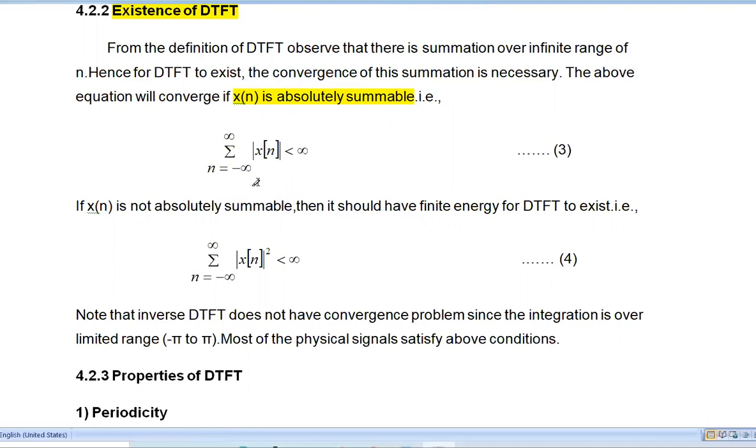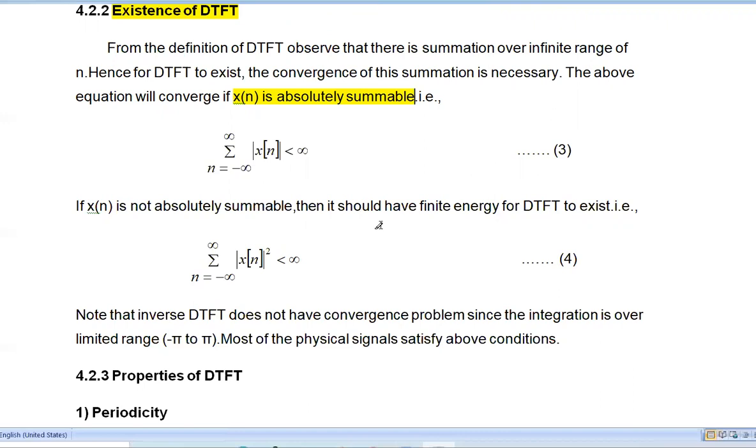That is, the summation of n equals minus infinity to infinity of modulus of x(n) the whole squared is less than infinity. These are the conditions to satisfy for the discrete time Fourier transform.